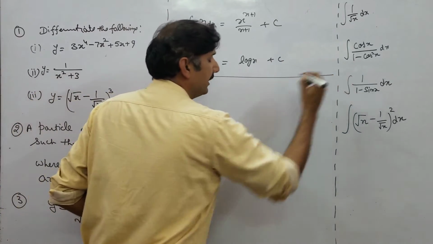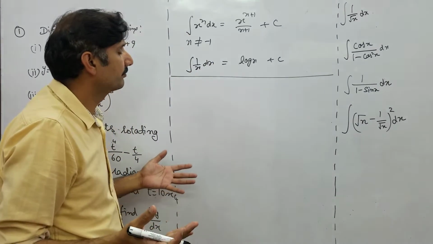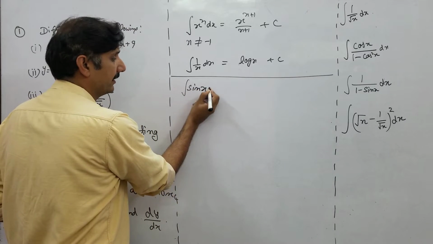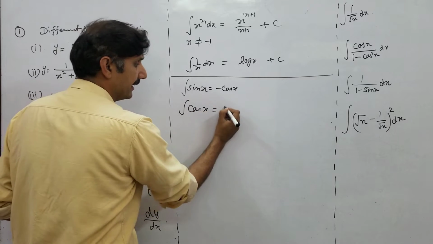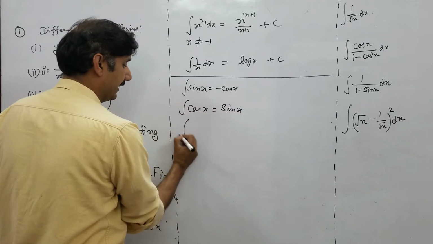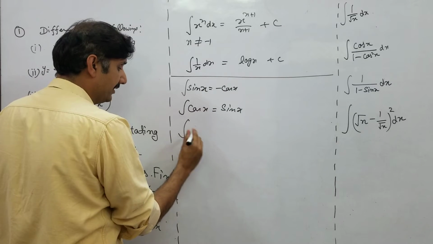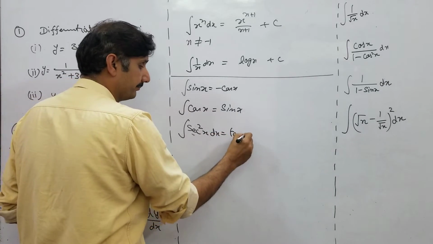In addition to that, now I will give you a few formulas based on the trigonometric ratios. The integration of sin x is minus cos x. The integration of cos x is sin x. Integration of, obviously dx should be there, secant square x is tangent x.